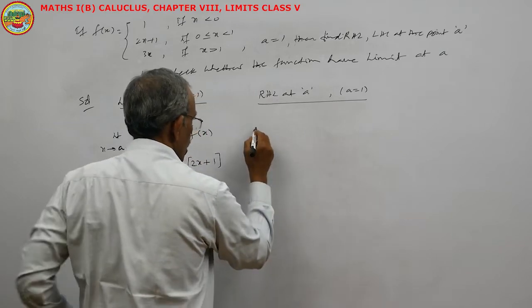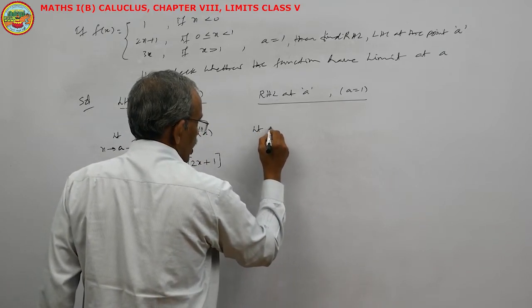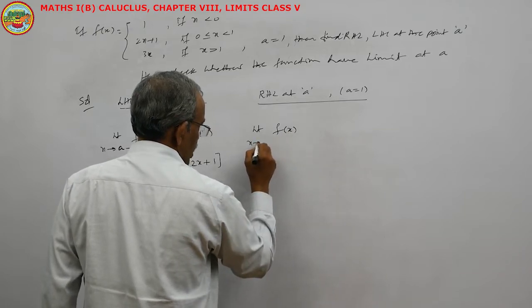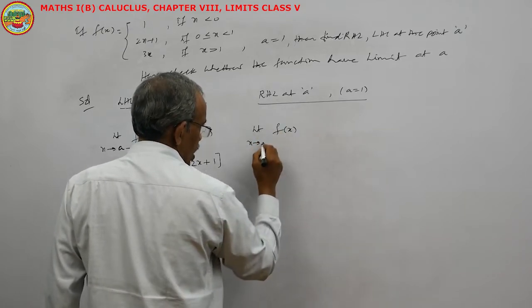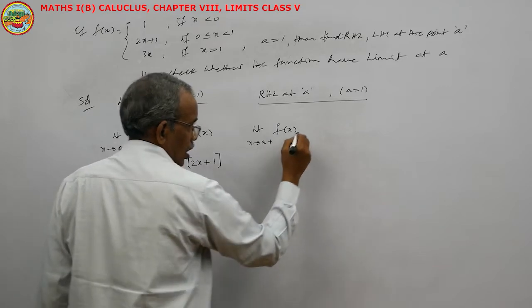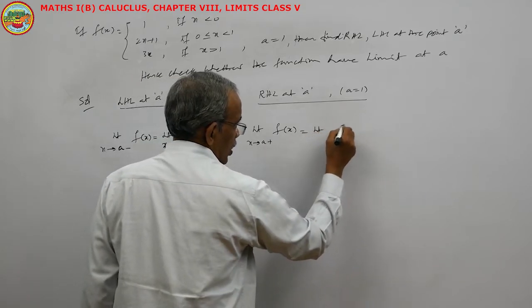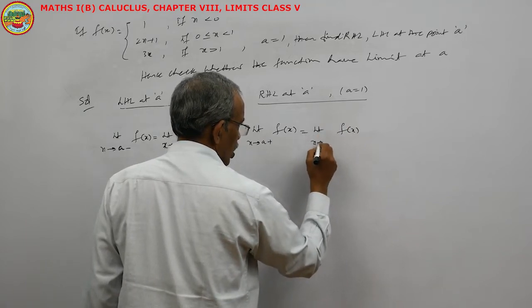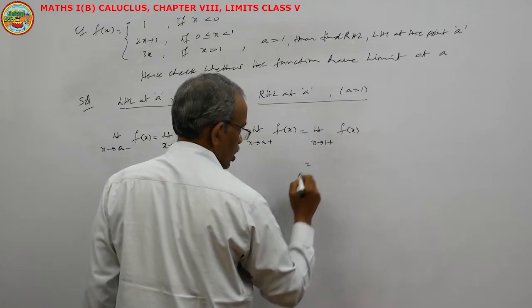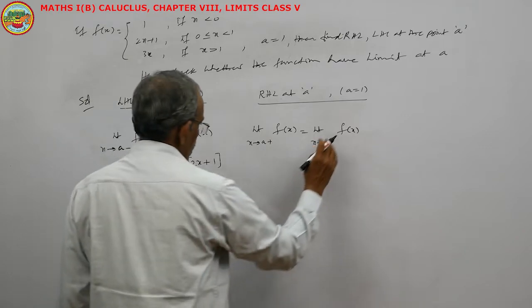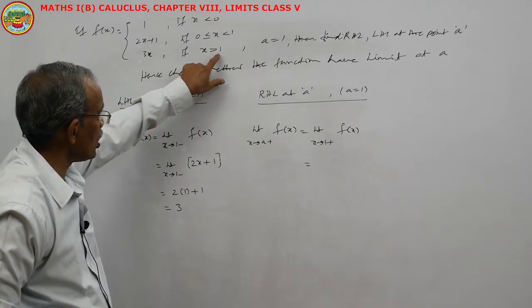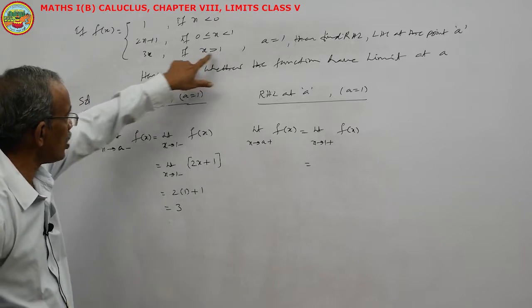Now we have to find the right hand limit at A. Limit of f of x as x tends to A plus, but A is equal to 1, that means x tends to 1 plus. 1 plus means greater than 1, so the third function applies, x greater than 1.